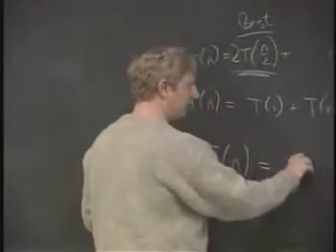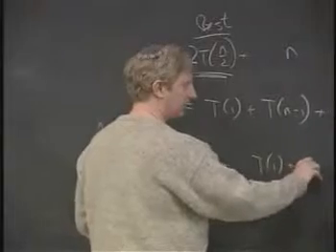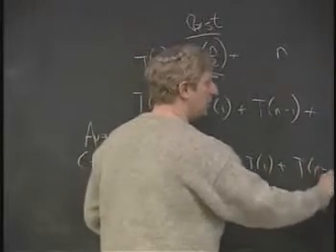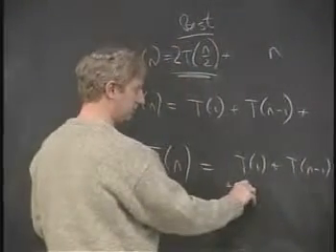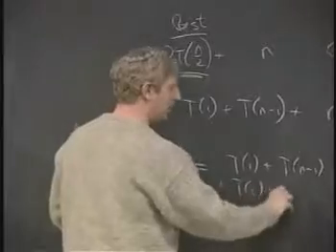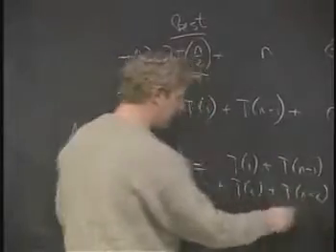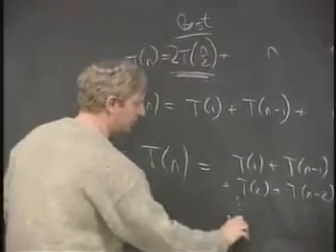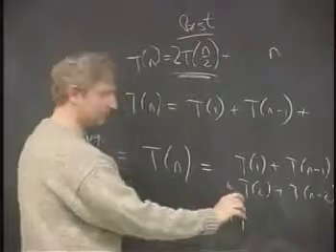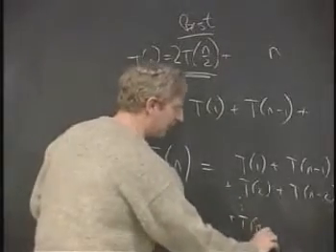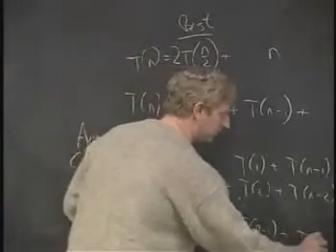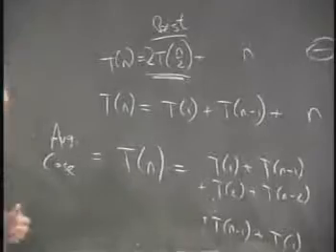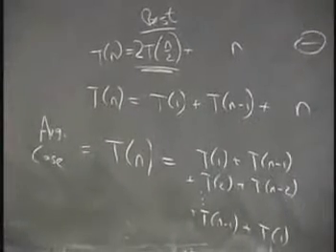We get t of 1 and t of n minus 1 plus t2 tn minus 2. And we keep going all the way down to t of n minus 1 and t of 1. And we divide this all by n minus 1.